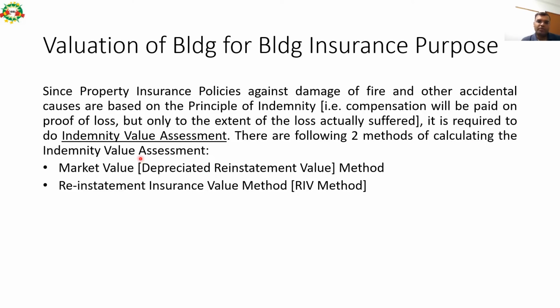So it is required to do an indemnity valuation assessment. They follow two methods of calculating the indemnity value: the market value or depreciated reinstatement value method, also called the DRV method, and the reinstatement insurance value method, in short called the RIV method.